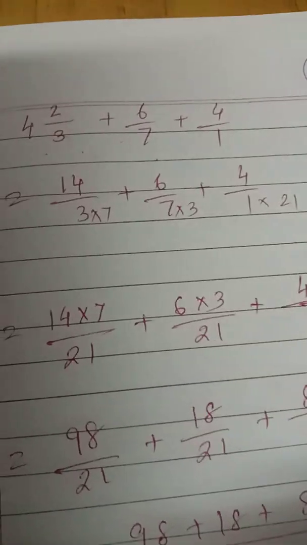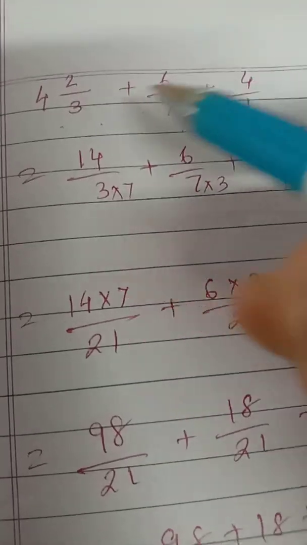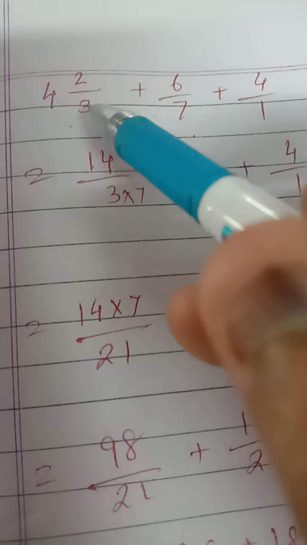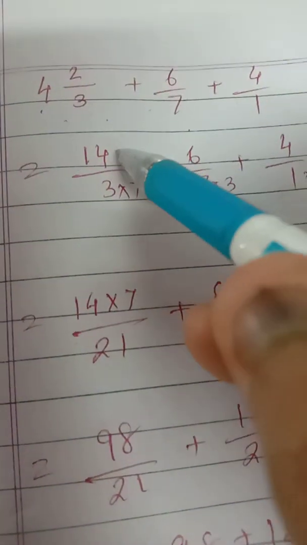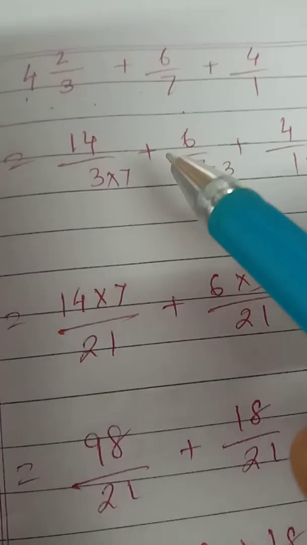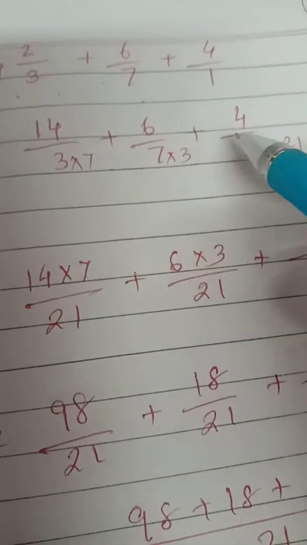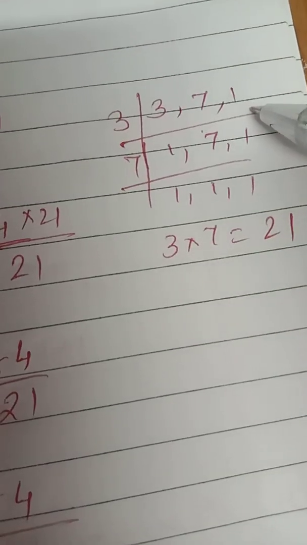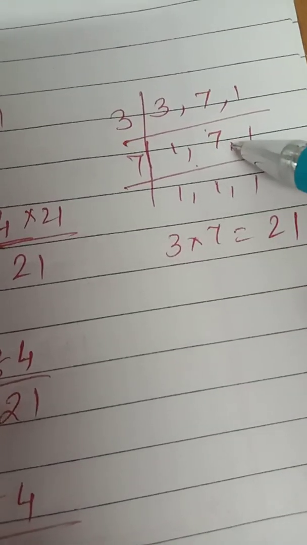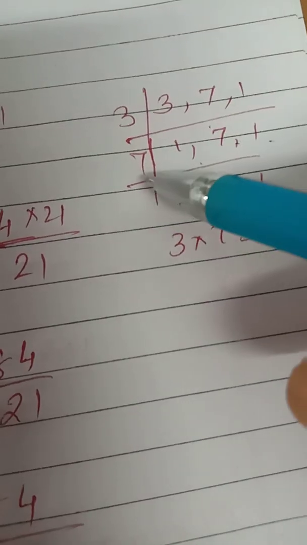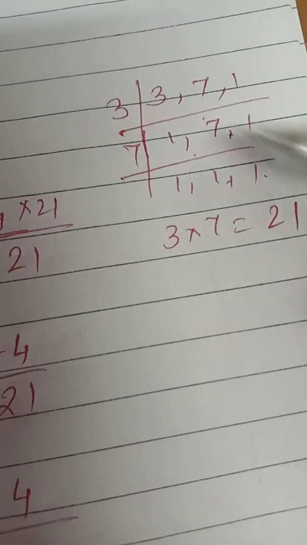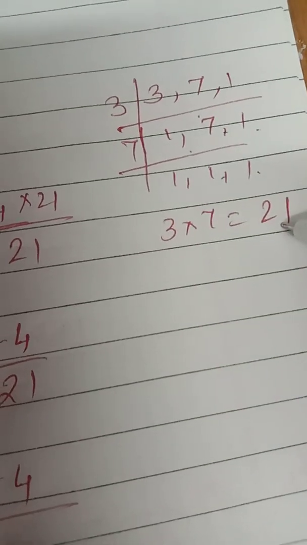So first of all, convert it into an improper fraction. 4 3s are 12 plus 2, that is 14 upon 3 plus 6 upon 7 plus 4 upon 1. Do the LCM over here: 3, 7 and 1. 3 1s are 3, 7 as it is, 1 as it is. Apply 7: 1, 7 1s are 7 and 1. So the LCM is 21.